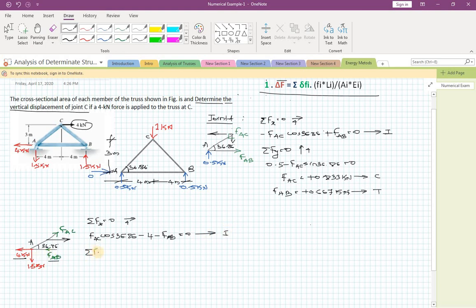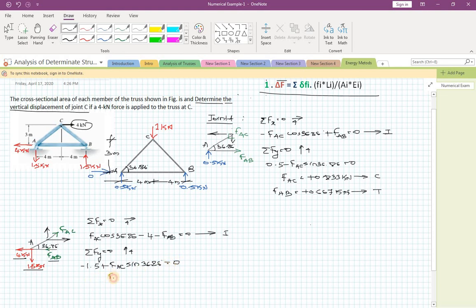Now let me go for the second equilibrium equation, summation of Fy equal to 0, upward forces as positive. So this 1.5 should be minus 1.5, and this will have an upward component, so it should be plus FAC sine 36.86. No other force is there, so I will equate it to 0.